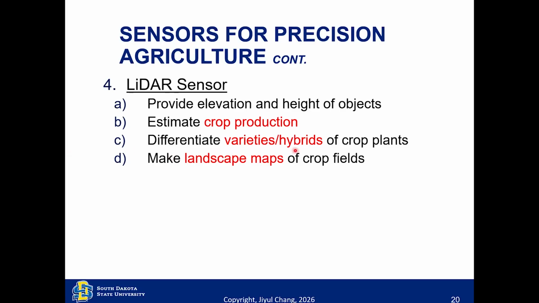And we can differentiate varieties and hybrids of crop plants. Even with the same NDVI, different varieties and hybrids have different heights. So with a LiDAR sensor, we can differentiate different hybrids and varieties very easily. And we can also make landscape maps. So this is about the sensors.